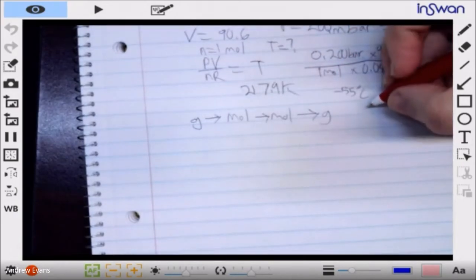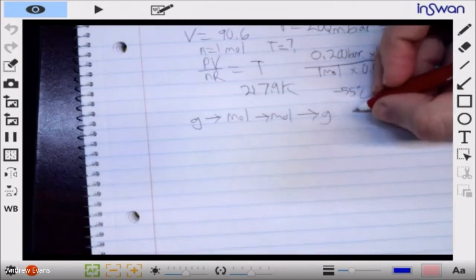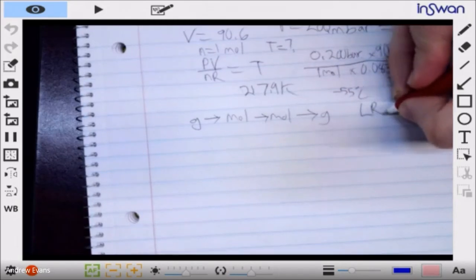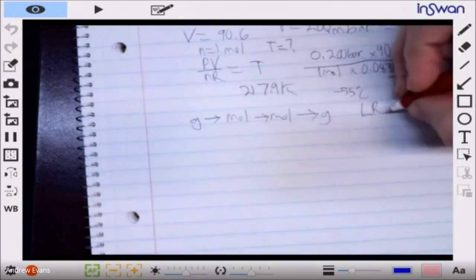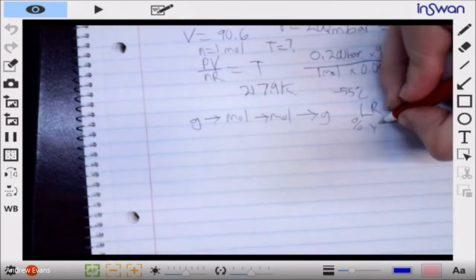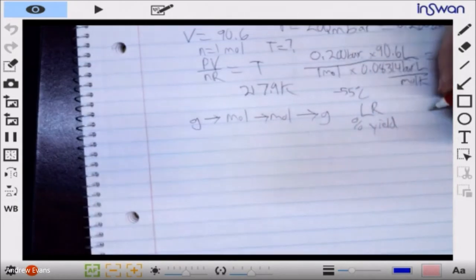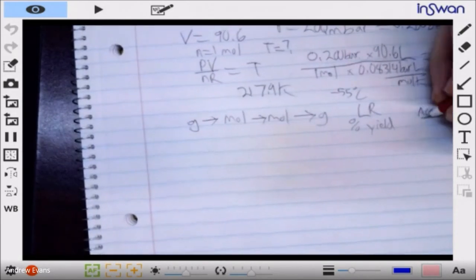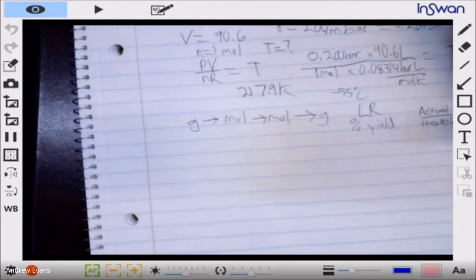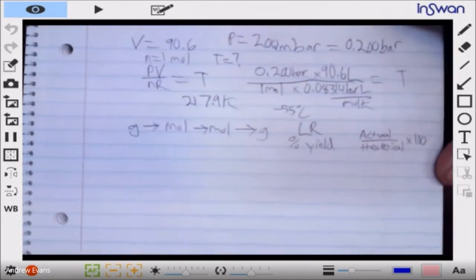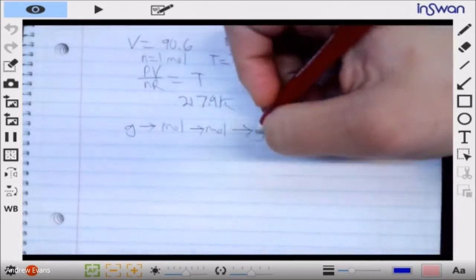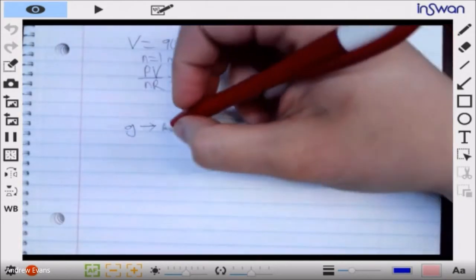It can be utilized to go for limiting reactant. It could be used for percent yield, where we have to utilize the actual yield divided by the theoretical times 100. But we go grams to moles to moles to grams. We can go with this from any place. That's where we set up.